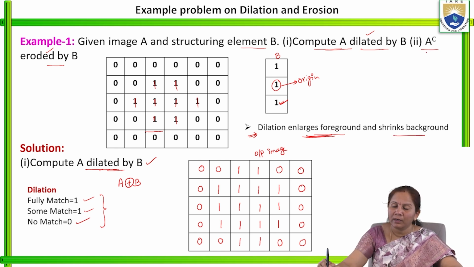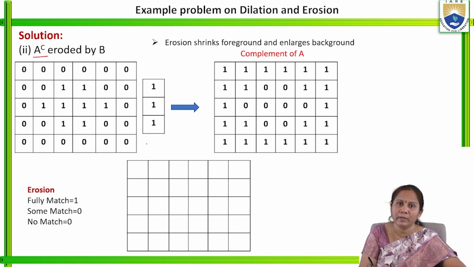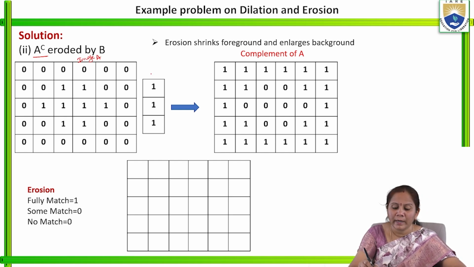Now let us calculate A power C, that is, A complement eroded by B. In order to do that, first we need to find the complement of A. This is the given image A, and this is the structuring element B given.